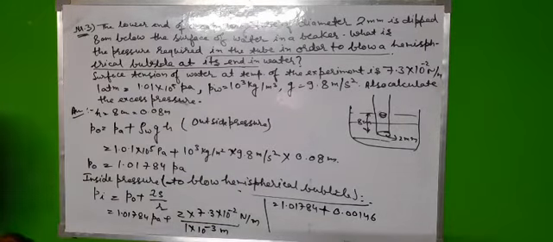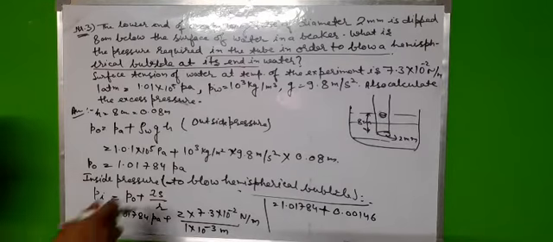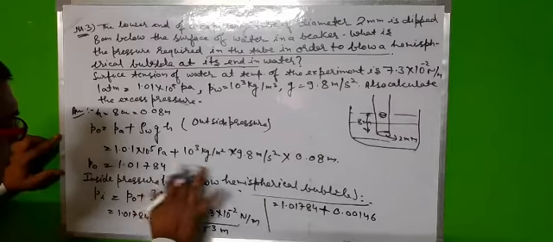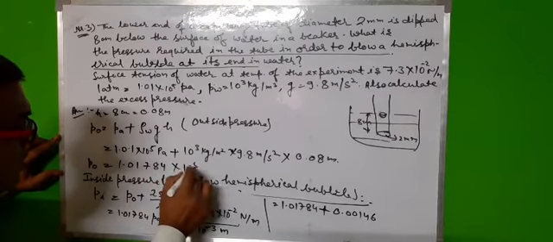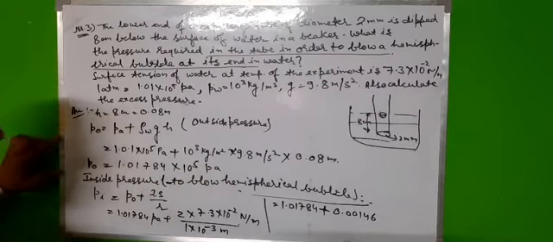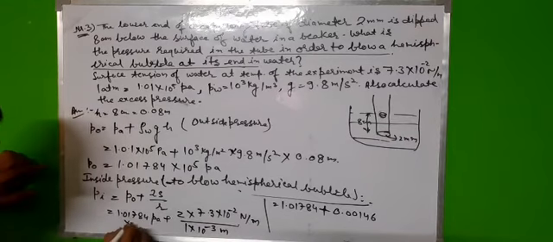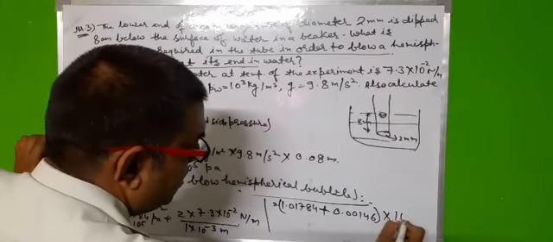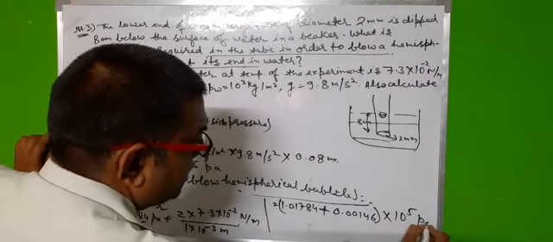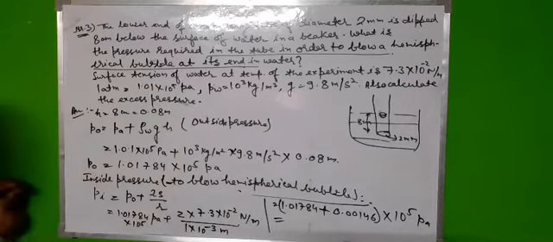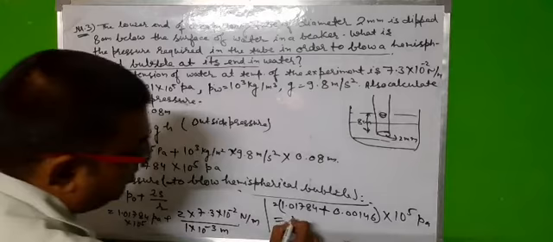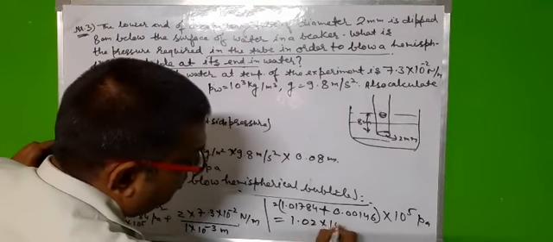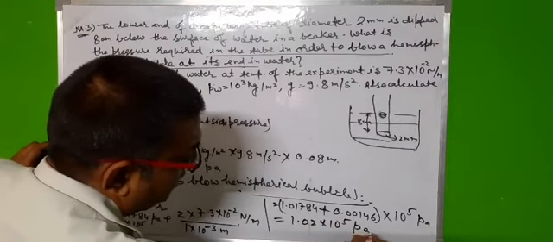0.00146 into 10 to the power 5 Pascal. So taking 10 to the power 5 Pascal common, it is equal to this much into 10 to the power 5 Pascal. On adding both the things, we will get the value 1.02 into 10 to the power 5 Pascal.